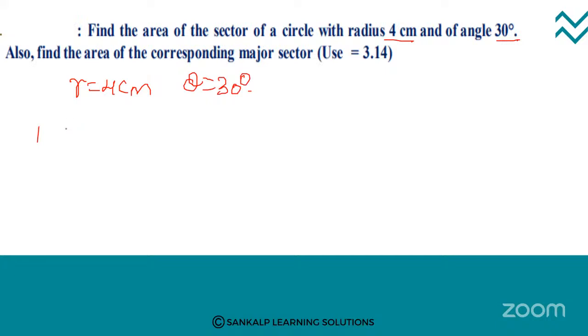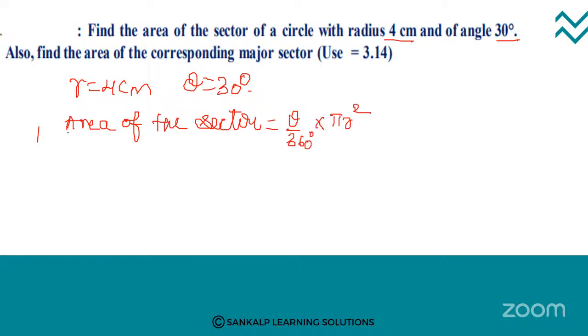We know the formula: area of the sector is equal to theta divided by 360 degrees into pi r square, because we are calculating area here. So theta is 30 degrees divided by 360 degrees into pi value 22 divided by 7 and r value is 4, so 4 into 4.